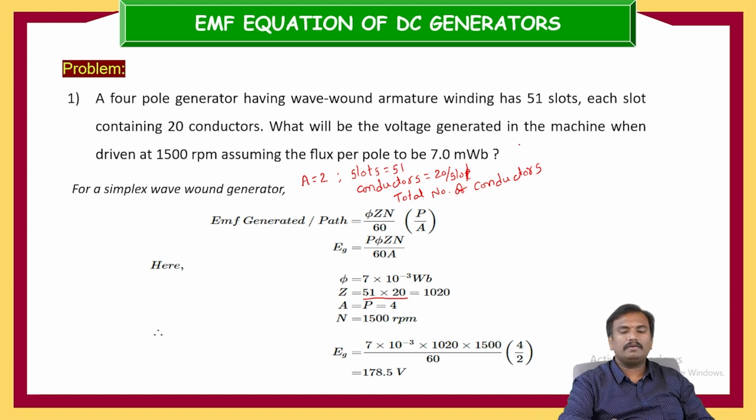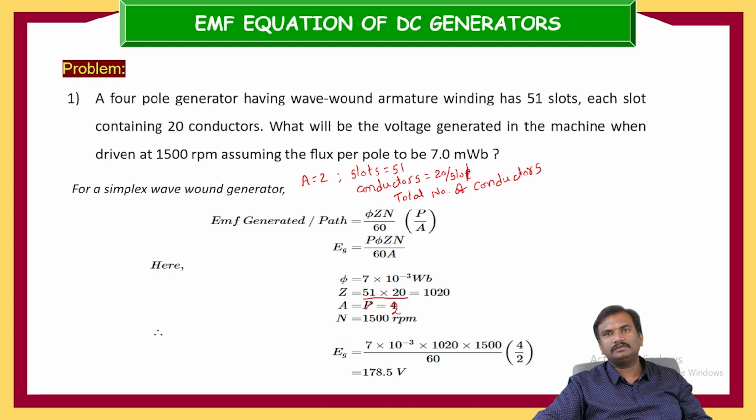Now, what will be the voltage generated in the machine when driven at 1500 rpm, assuming the flux per pole to be 7 milliwebers? Here the flux per pole is given as 7 milliwebers, and A is equal to 2 because it is wave wound.